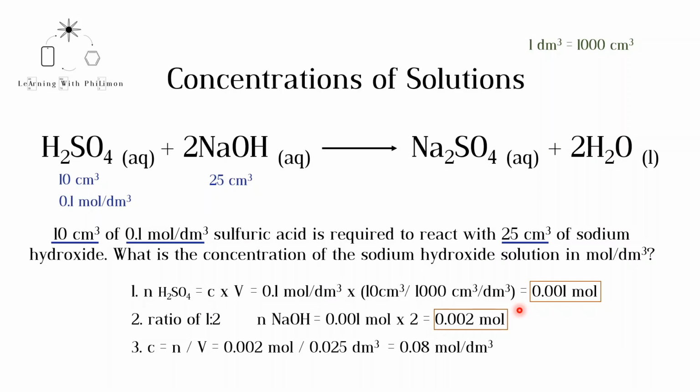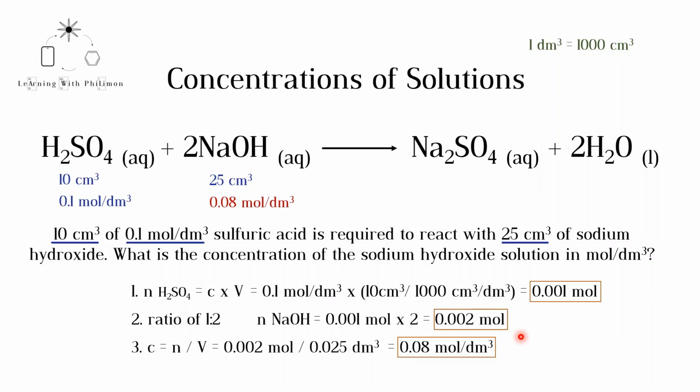We calculated that there are 0.002 moles of sodium hydroxide. The volume of sodium hydroxide solution in the question is given as 25 cm cubed. This is equal to 0.025 dm cubed. The concentration of the sodium hydroxide solution is therefore 0.08 moles per dm cubed.